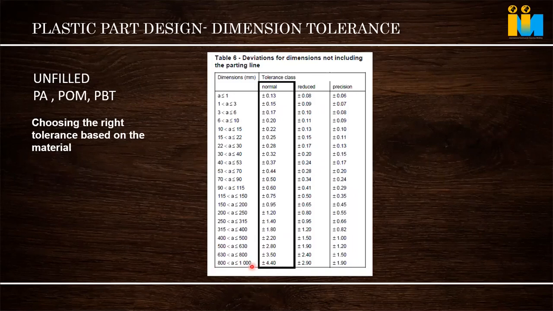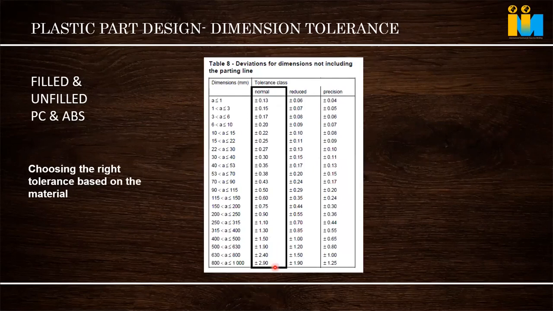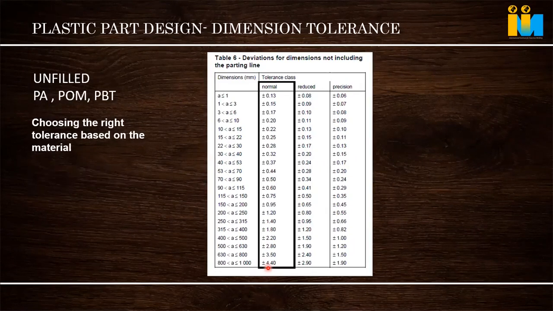At 800 to 1000 mm, this material's normal tolerance is 4.4. Earlier, with the amorphous one, we could get 2.9. Huge difference, almost 1.2, 1.3 difference at 1000 mm. So raw material is a very, very important contributor.